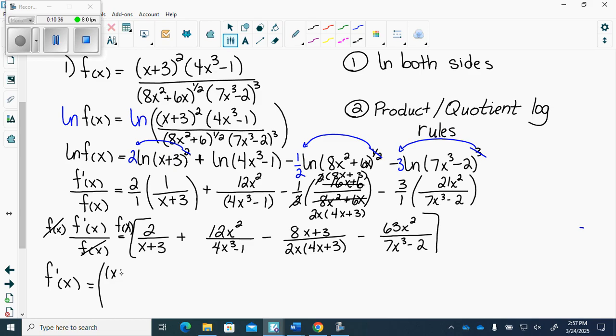So we're going to get x plus 3 squared, 4x cubed minus 1 over 8x squared plus 6x to the half, 7x cubed minus 2 to the 3, sorry, and then this.